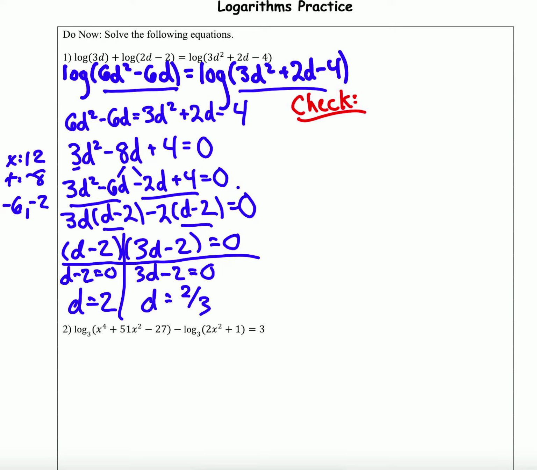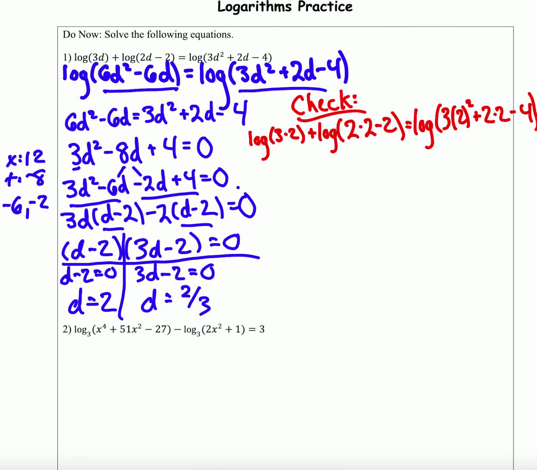The original equation. So that would be log of 3 times 2 plus log of 2 times 2 minus 2 equals log of 3, 2 squared plus 2 times 2 minus 4.